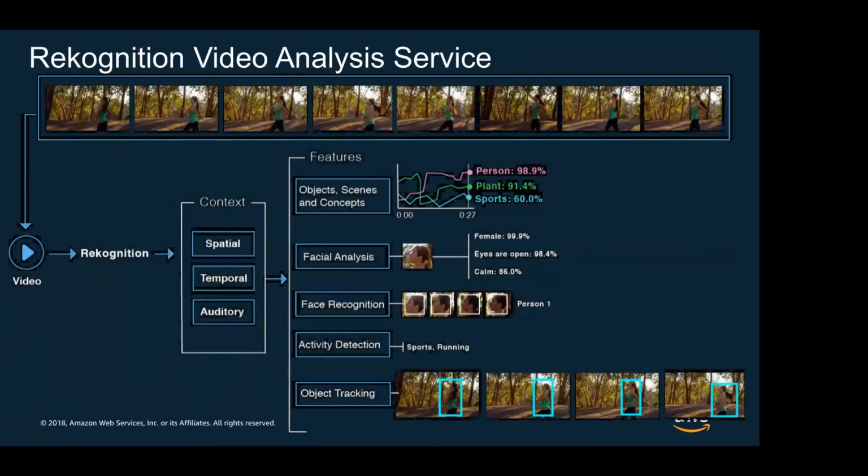We can do the same things that we did in images, but in videos. And we can use real-time streaming to do analysis in the video. You can detect thousands of objects with the timestamp of when they happened. For example, suppose you have a baby's first walk, and you can generate labels like baby crawling, smiling, hugging, with a timestamp and the confidence score of when that happened during the walk.